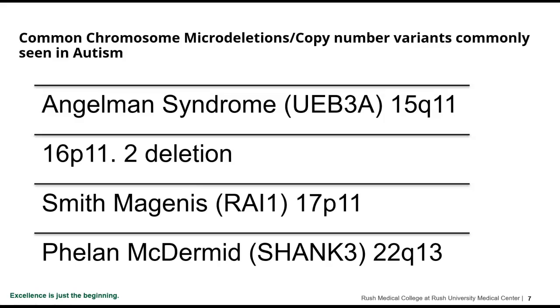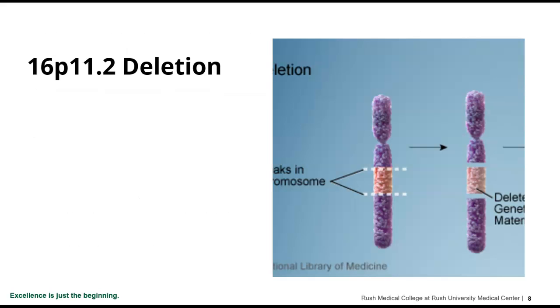So common chromosome microdeletions seen in autism include Angelman syndrome, and it's the UBE3A gene, 16p11.2, Smith-Magenis syndrome, which is actually the RAI1 gene, or 17p11, and Phelan-McDermid, or SHANK3, which is 22q13.